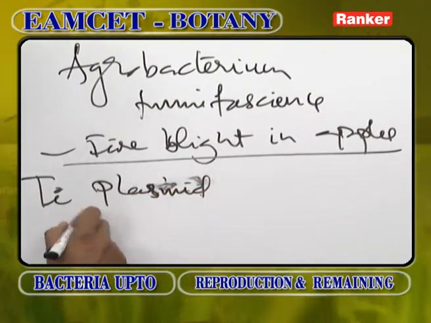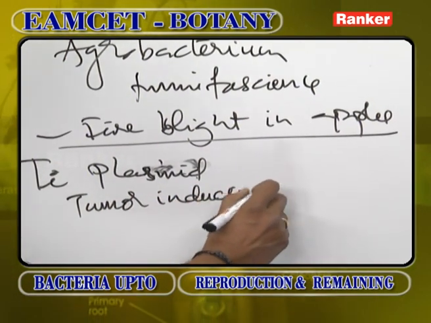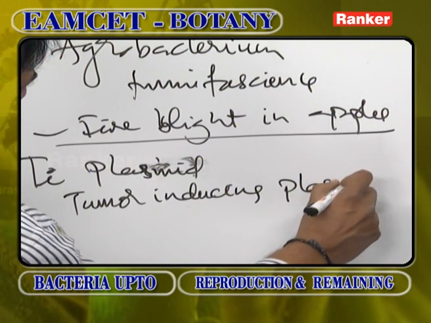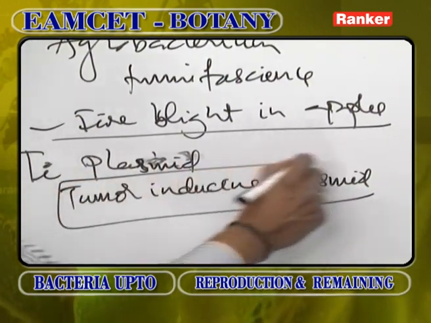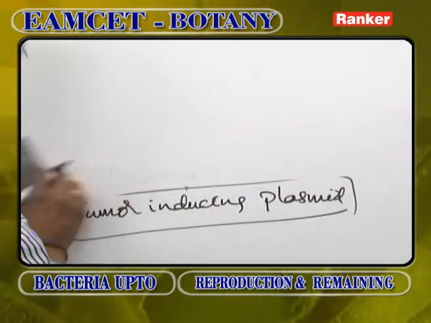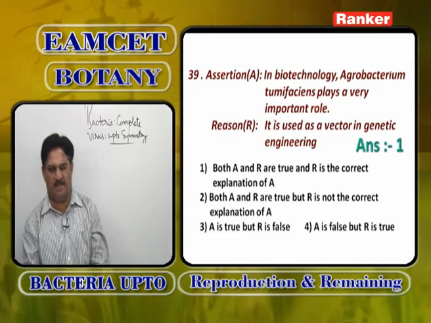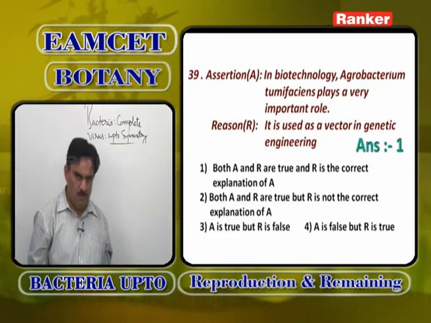Tumor inducing plasmid. This tumor inducing plasmid has the capacity of taking up foreign DNA and showing maximum replication. Whenever the plasmid undergoes replication along with foreign DNA, the same copies of genes are produced, which are called clones.